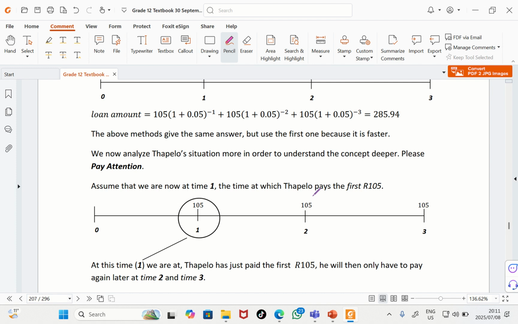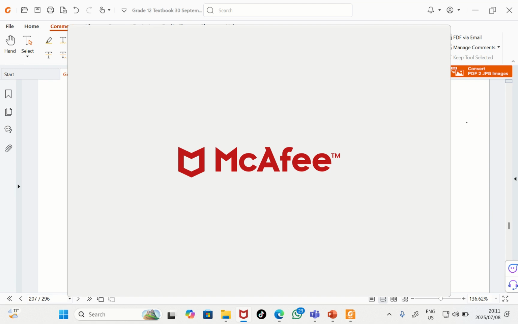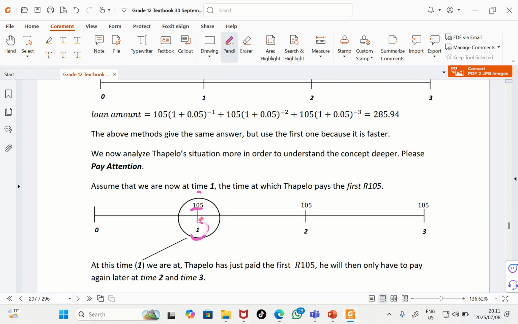Okay, so my question is, do you remember what happens when, let's say, after time 1, after a month, this guy pays the 105, or the bank debits 105 from his account. And he decides he wants to close this account and pay back the money. How much do I need to pay? So that's how you calculate it.